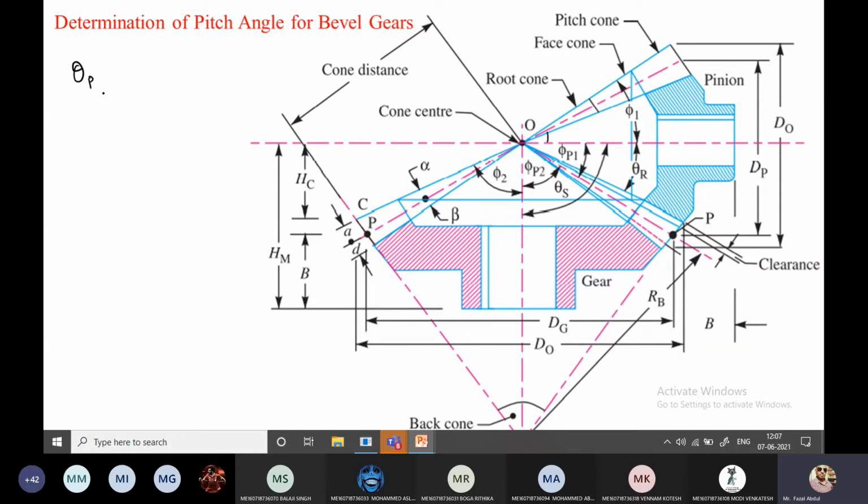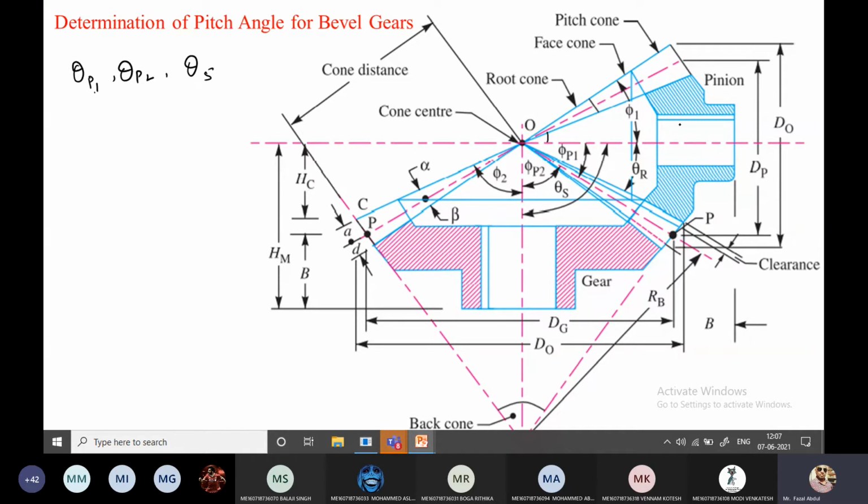Here one pair of bevel gears we are selecting to determine the pitch angle: theta p1 for the pinion, theta p2 for the gear, and theta s is the total angle between the two shafts.